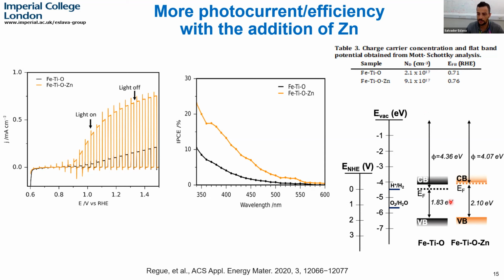Also in agreement, when we constructed the energy diagrams from some measurements in the same XPS tool, we could see that we have a shallower Fermi level, which is related also to the increased charge carrier concentration. So the best photocurrents are achieved because the zinc promotes the iron titanate phase, promotes the formation of better absorption, better charge carriers, and a shallower Fermi level that will increase the band bending, etc. All beneficial effects to have better photocurrents and oxygen evolution.